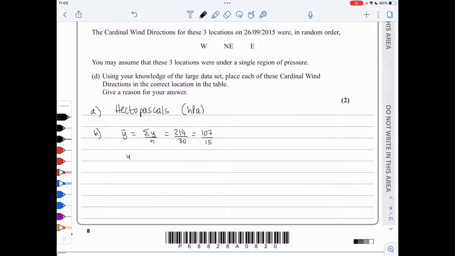So we know that y bar is x bar minus 1010. Just as a reminder, when we've got the variable coded, then the mean gets affected in exactly the same way. So I replace y bar with 107 over 15 is x bar minus 1010. And this means that x bar turns out to be 1017.